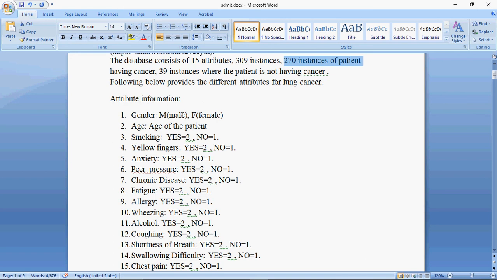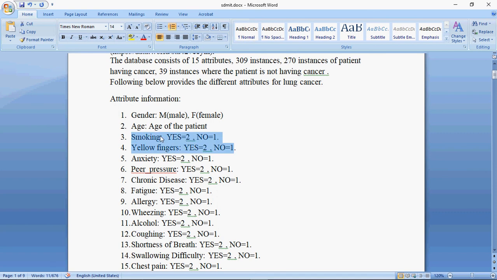In the Excel sheet given to you, you might figure out the weights associated with each attribute, like 2 and 1. You might question what 2 implies. 2 implies, for example, whether he smokes.